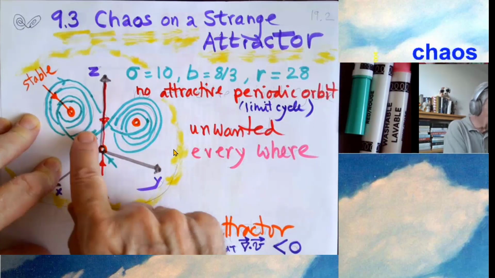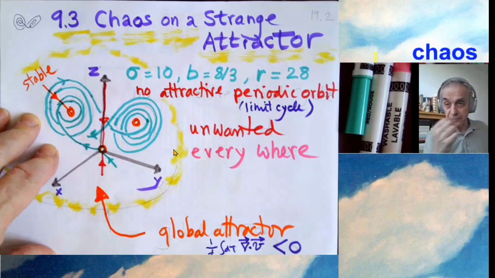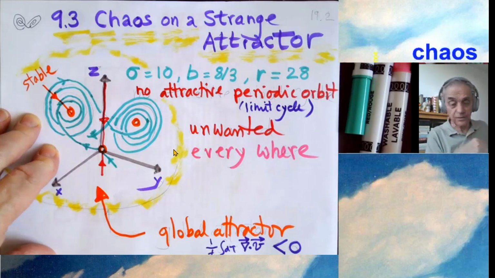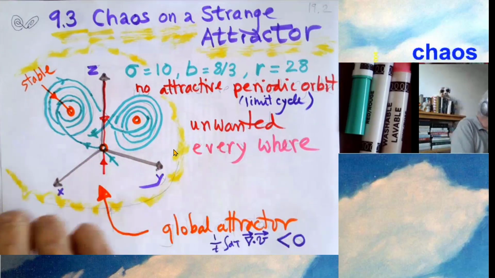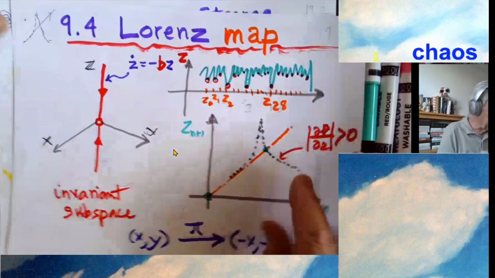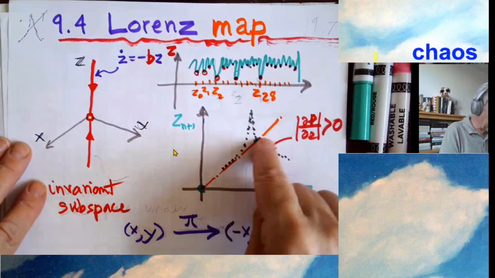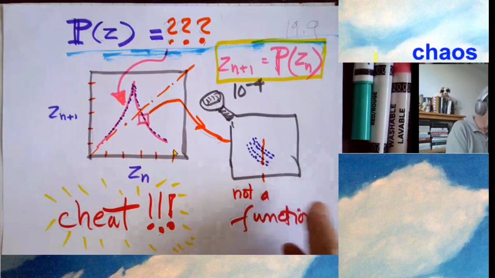So this trajectory in full space is jumping between the left and right part of the strange attractor, which means that its section jumps between this and that branch of the system.